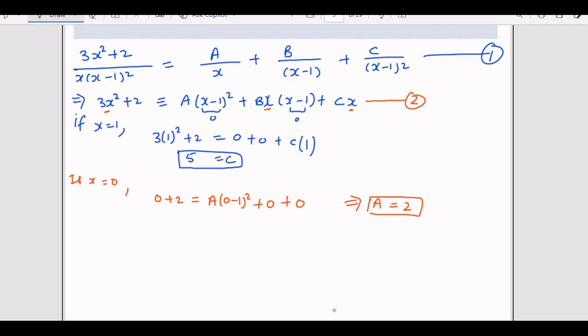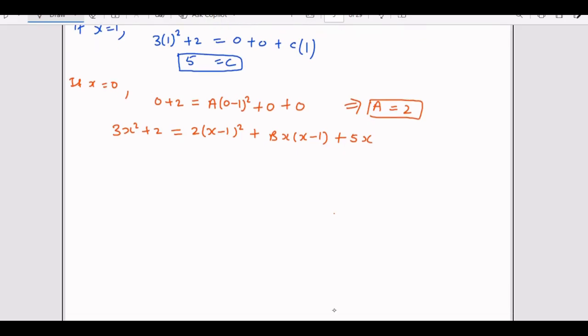So A is 2, so we have 3x squared plus 2 is equal to 2 times (x minus 1) squared, and B, we are looking for, times x into (x minus 1), and C we got, 5x, like this, right? So now if we expand this, it's going to take time, so I can just take the coefficients.